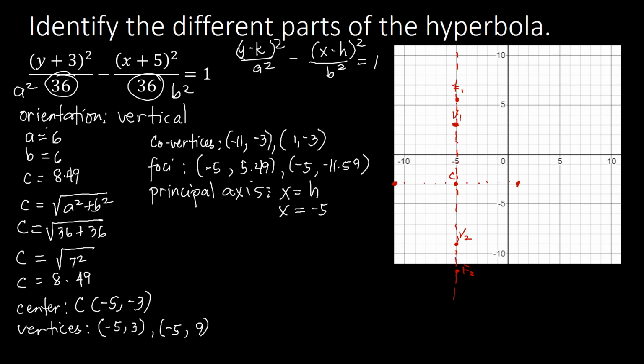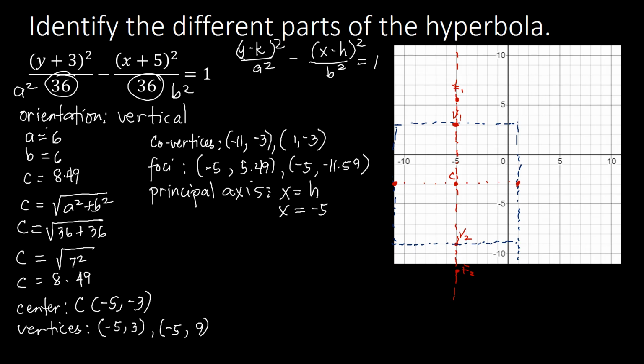Next, we will be drawing the reference rectangle by simply drawing a line here passing through the vertex, and so with a co-vertex. You may draw that one using a broken line. And everything else. So this will be our rectangle.